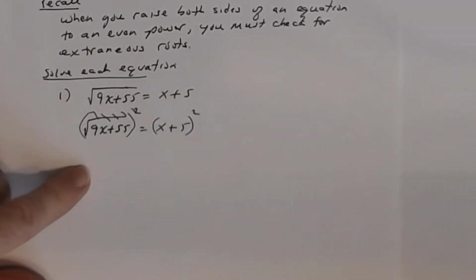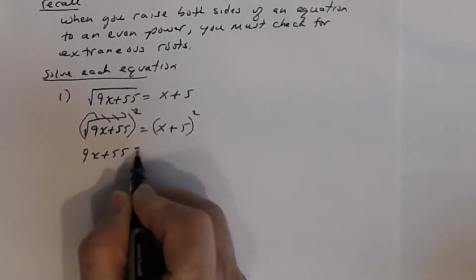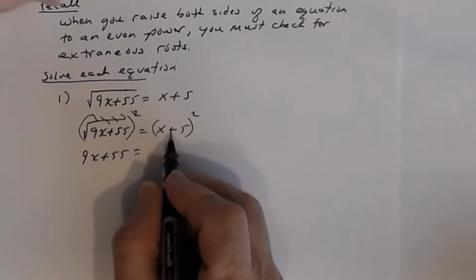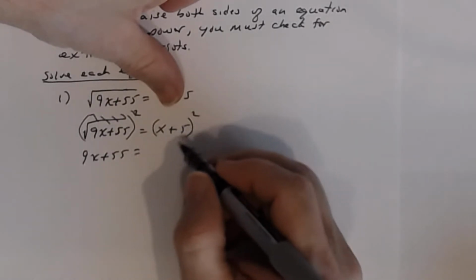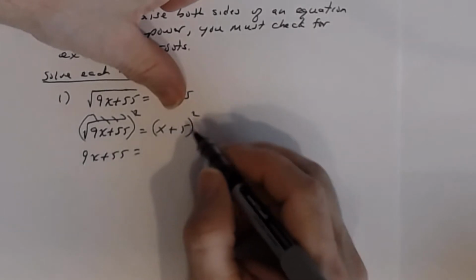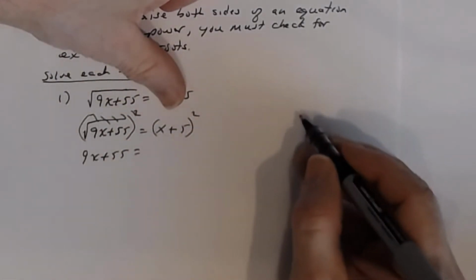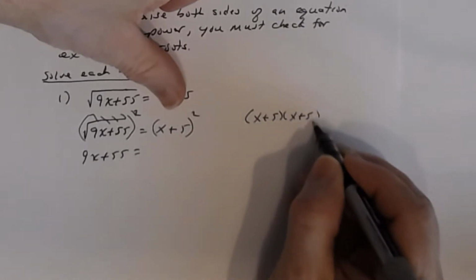Okay, so then we get 9x plus 55 equals, and then I have to square the binomial. You have enough experience from a previous course and from even this course to go ahead and square a binomial. But if you have to write it out, you write it out. So you can say x plus 5 times x plus 5, right? And then you're going to FOIL.